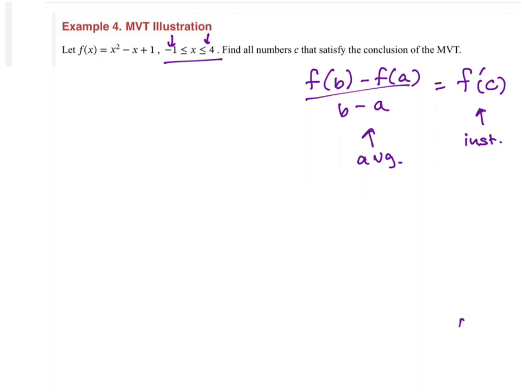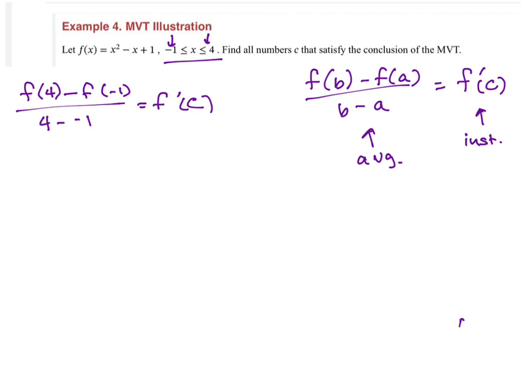So we could say f of 4 minus f of -1 over 4 minus -1 is equal to f prime of c. This is what we're trying to find.